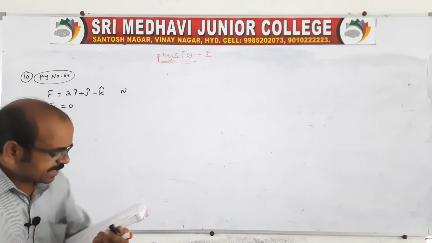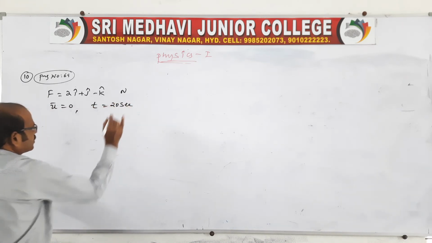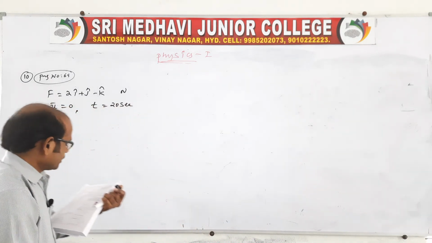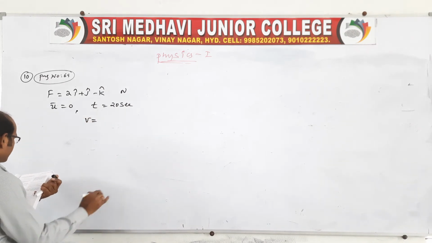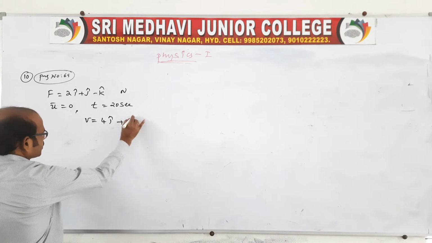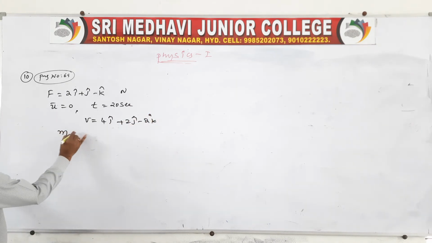At the end of 20 seconds, the velocity of the body is 4i cap plus 2j cap minus 2k cap. Then what is the mass of the body?